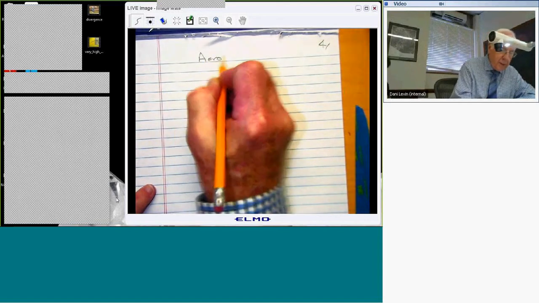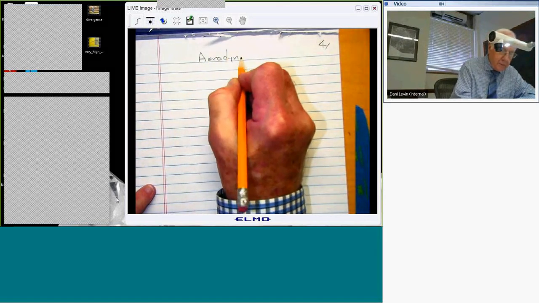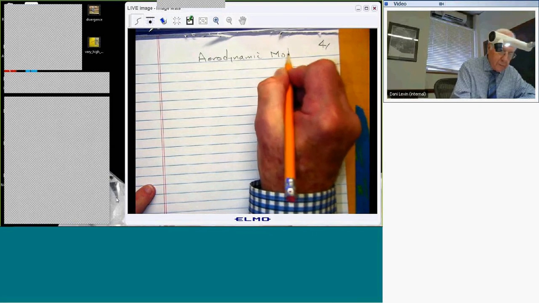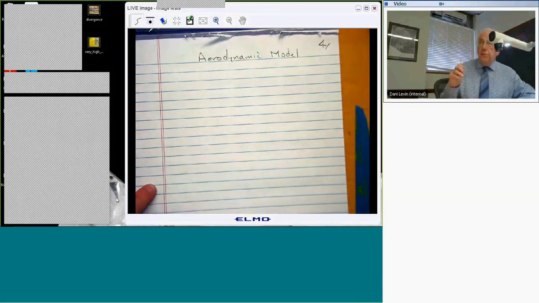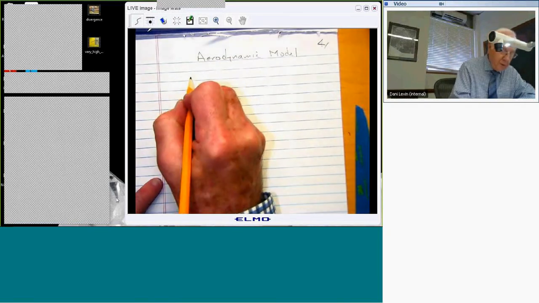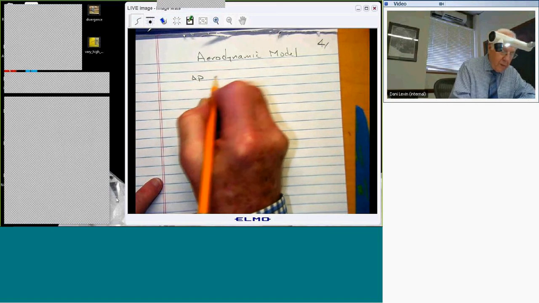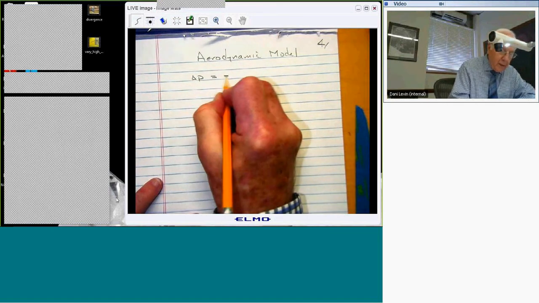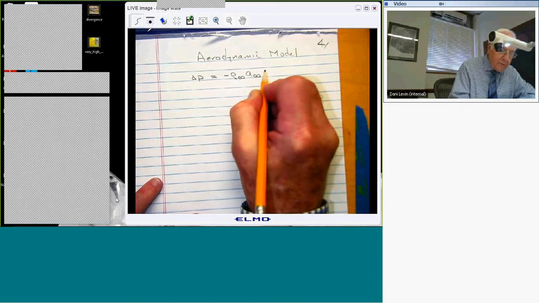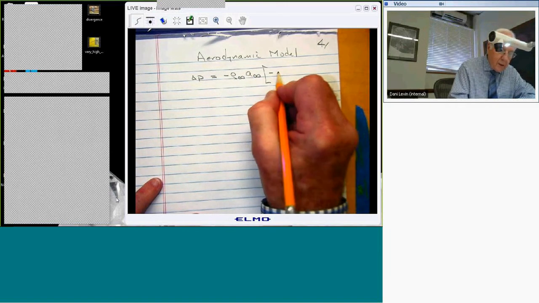Aerodynamic model. And remember, there are two pressures. There's the pressure due to the gust and the pressure due to the motion. I'll do the gust first, which is the easier thing, but I'll even do the one on the motion. The one for the gust is minus rho infinity, A infinity, minus the gust velocity.